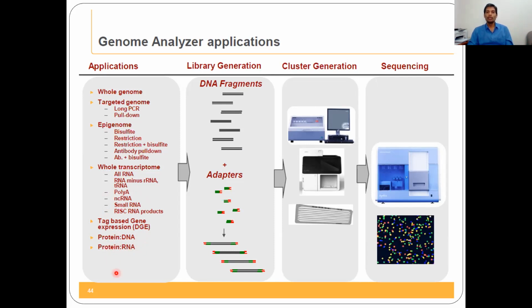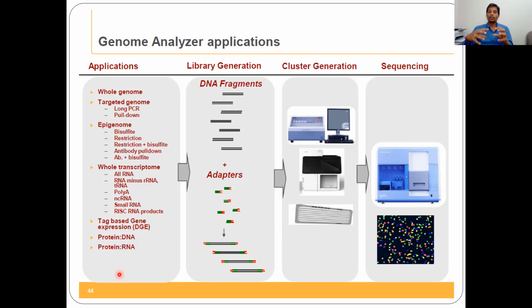What does it mean? You have some protein which binds to some DNA, and you want to know which DNA binds to that particular protein, or which RNA binds to that particular protein. So you make the protein, purify it, and bind all the RNA to it.